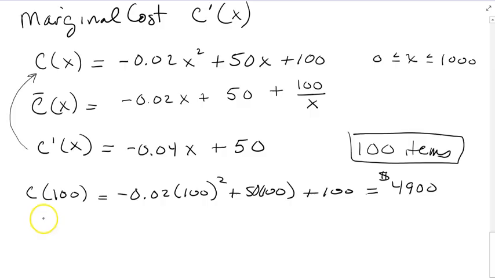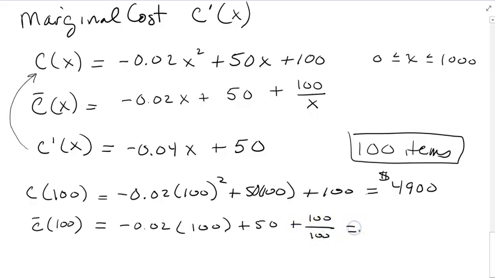Of course, we can get the average cost by taking that cost function and plugging in 100. Or we can use our average cost function. So you can do this one of two ways. You can go right to the function: negative 0.02 times 100 plus 50 plus 100 over 100 by plugging in x.